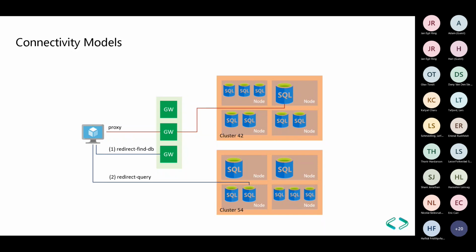What are the benefits and the problems of each of these connections? Well, the proxy connection is safer because the client application never goes directly to the Azure SQL Server. So it's safer, but there is a middleman, and having a middleman, it is slower.